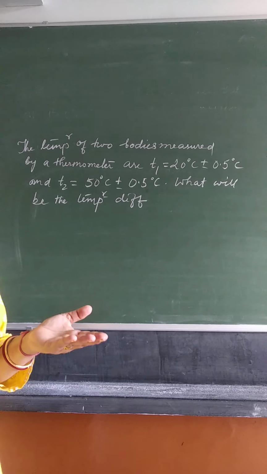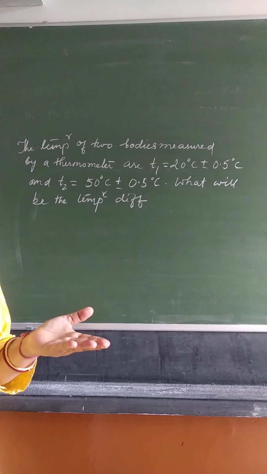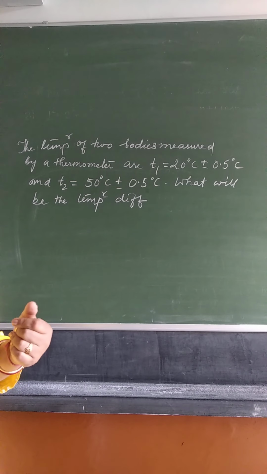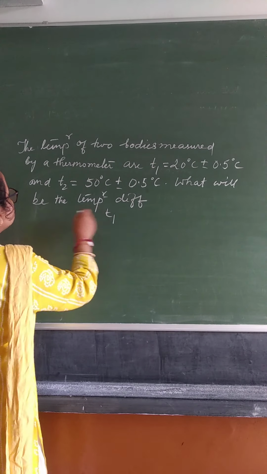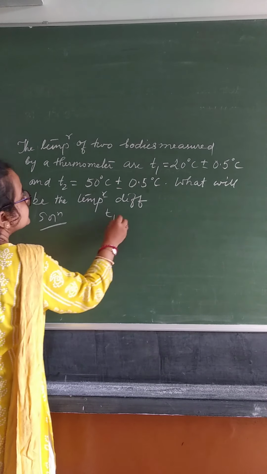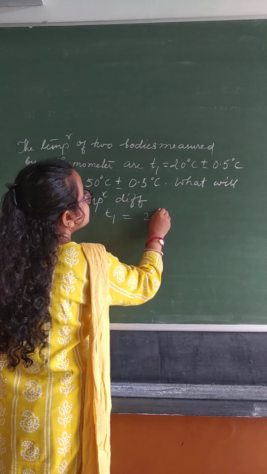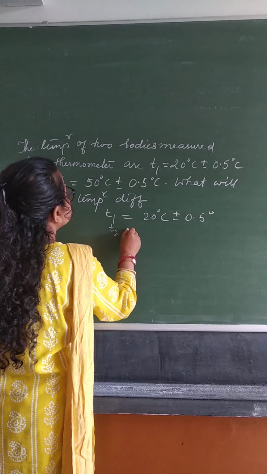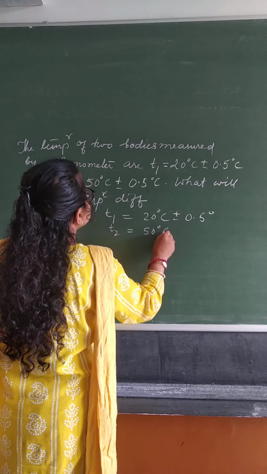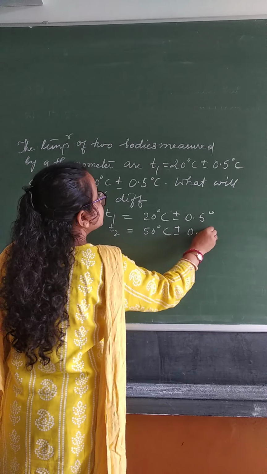We have seen how temperature difference error is found out. Solution: T1 is given to be 20 degrees centigrade plus minus 0.5 degrees centigrade, and T2 is given to be 50 degrees centigrade plus minus 0.5 degrees centigrade.